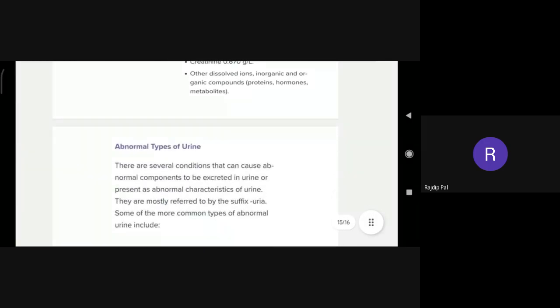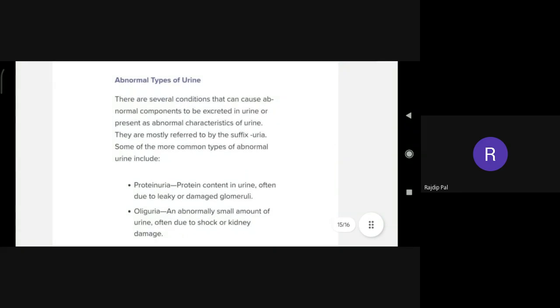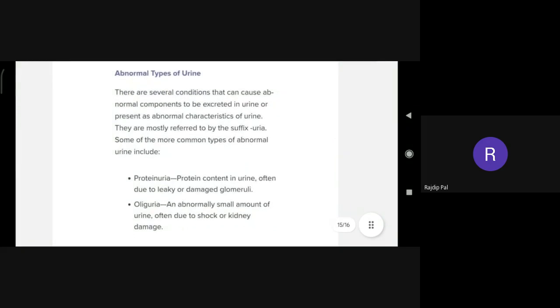Okay, now abnormal types of urine. There are several conditions that can cause abnormal components to be excreted in urine or present as abnormal characteristics of urine. They are mostly referred to by the suffix uria, right?